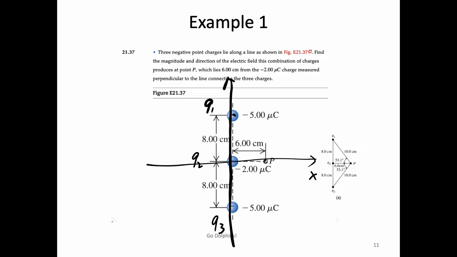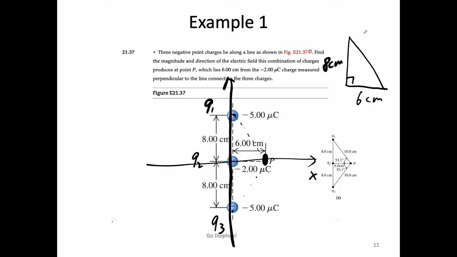We want to find out what is the electric field produced at this point P, which is 6 centimeters away from Q2. So let's do some trigonometry first. We need to find the distance from Q1 to P and the distance from Q3 to P. Now this is a right triangle. This is 6 centimeters, this is 8 centimeters.